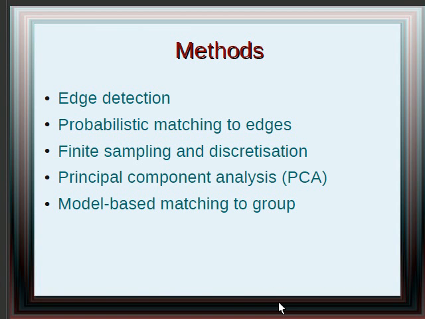As for the methods, it's a combination of things, really. You've got edge detection as the core, especially trying to find the initial positions to work with. And then you've got means by which you're going to track those edges as the frames go on and on.